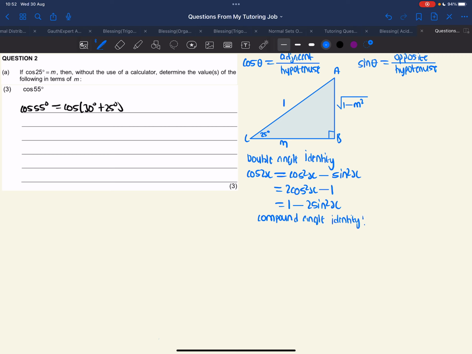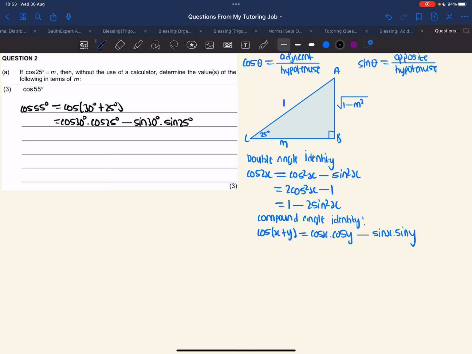That compound angle identity says that cos of x plus y gives you cos x multiplied by cos y minus sine x multiplied by sine y. So now we're going to say this equals cos of 30 degrees multiplied by cos of 25 degrees minus sine of 30 degrees multiplied by sine of 25 degrees.